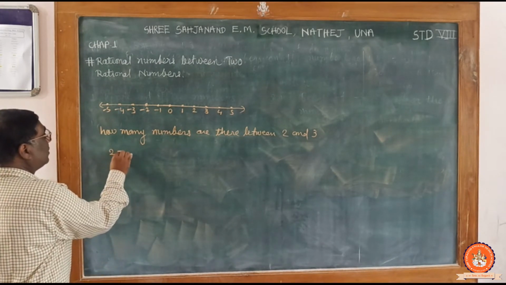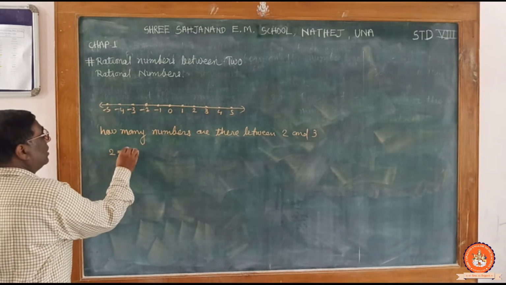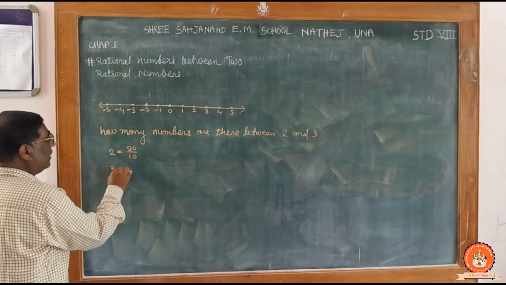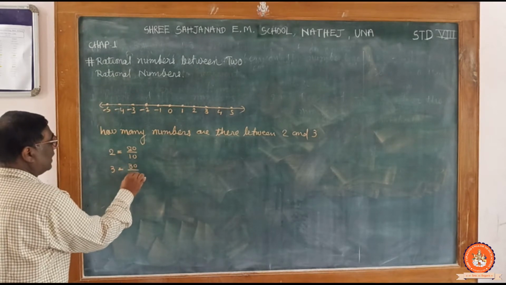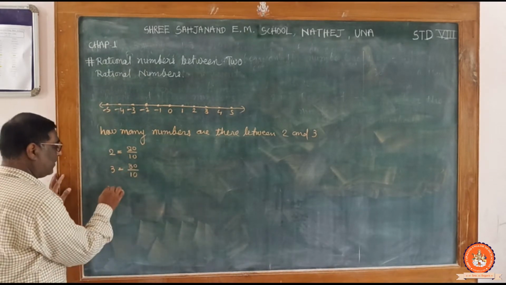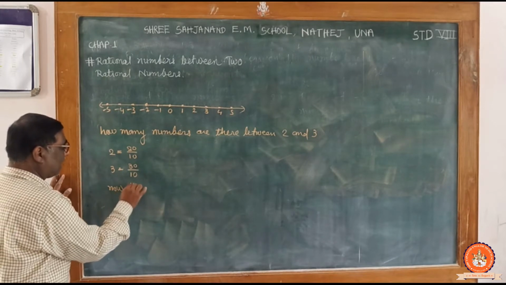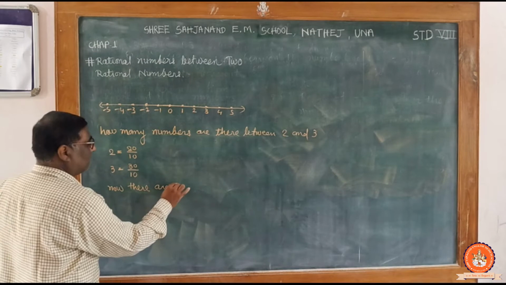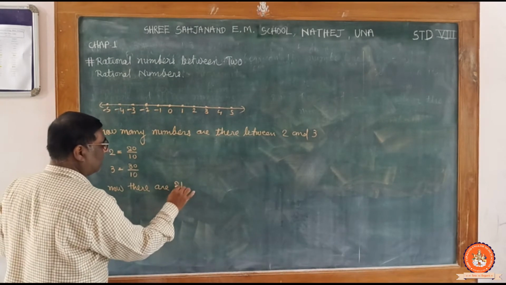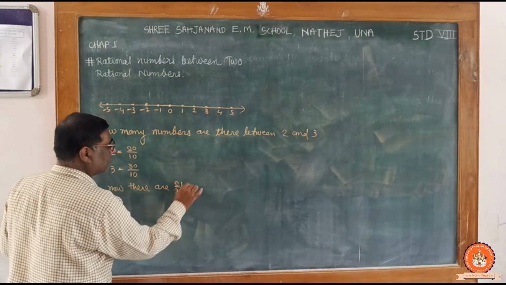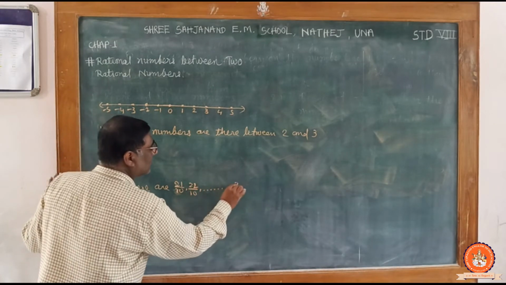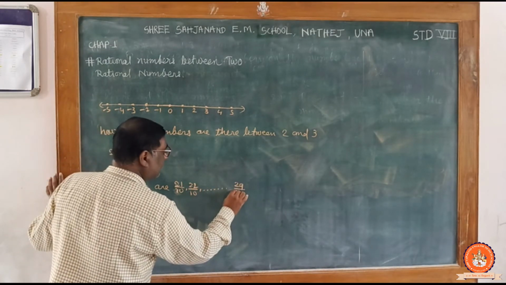2 is equal to 20/10 and 3 is equal to 30/10. Now you can say that there are 21/10, 22/10, up to 29/10.